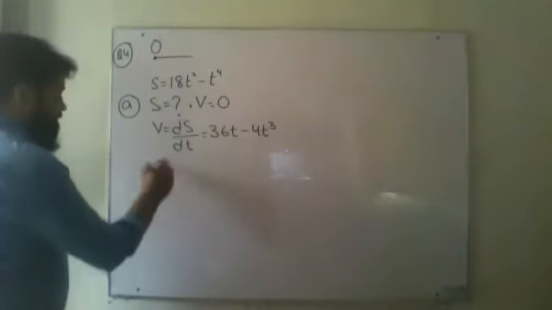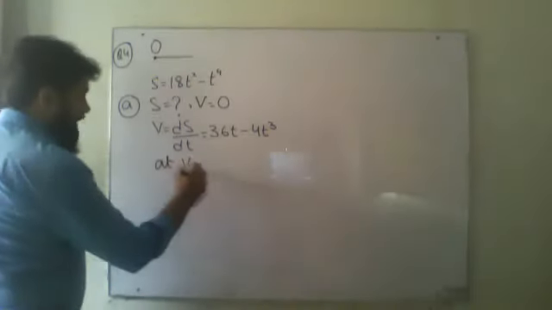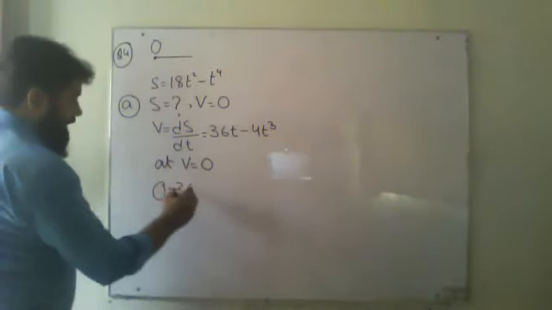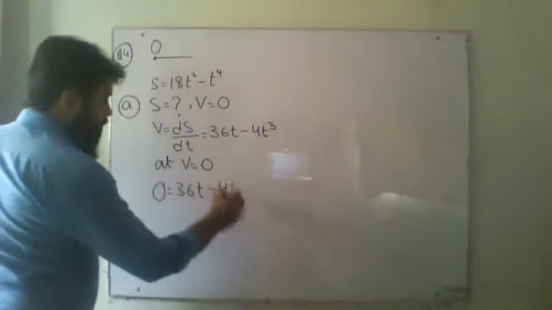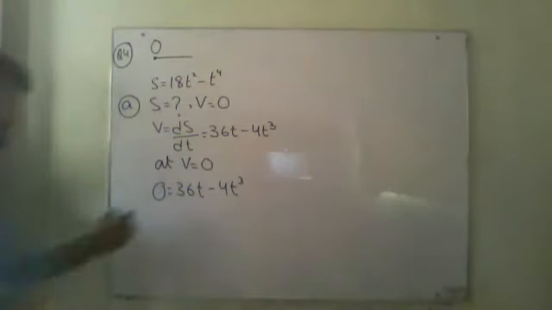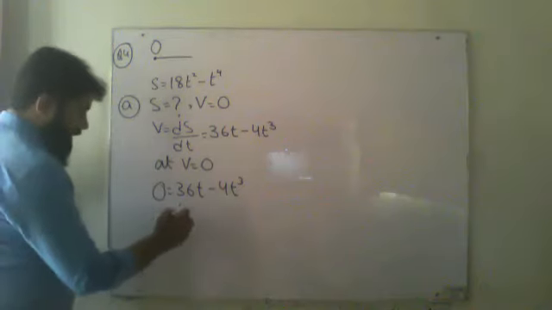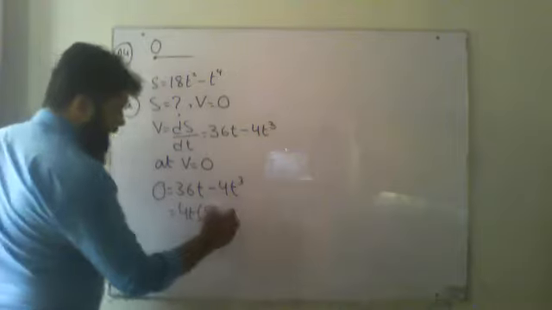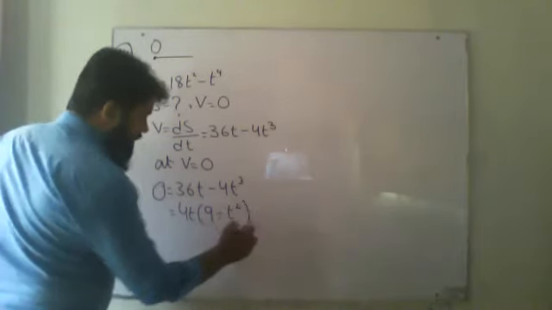So at V equals 0, 0 equals 36t minus 4t cube. First of all, taking 4t common, 9 minus t squared.